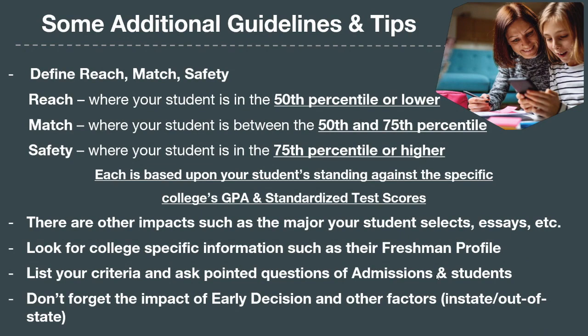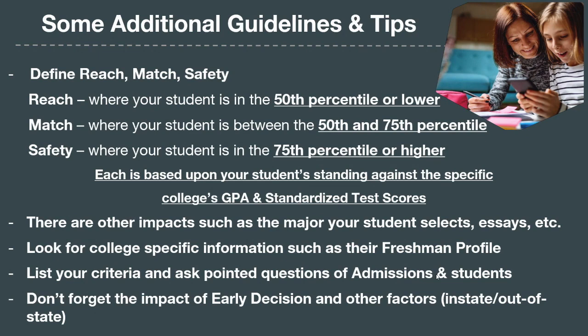And list your criteria and then ask pointed questions of admissions, students, dean of departments, career placement, special services, academic support services, any of those places that are important to make sure that whatever findings you have developed or found are validated and confirmed.